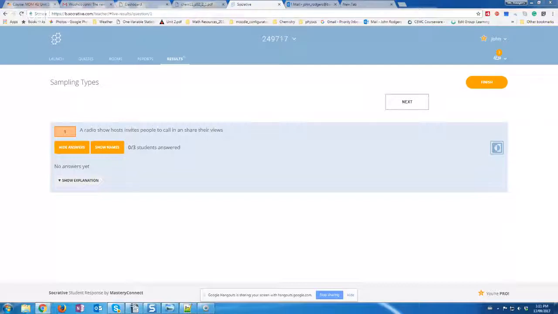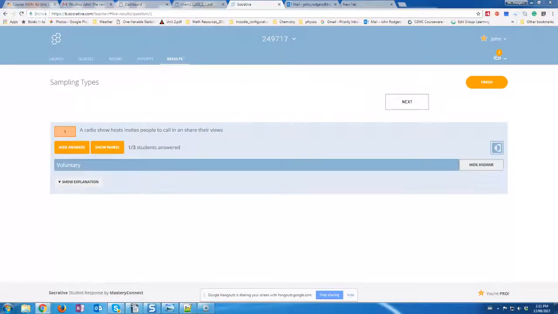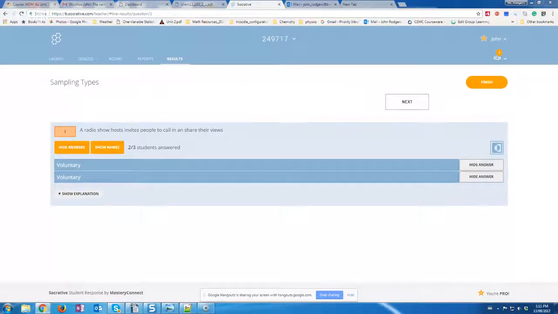People on the internet, hopefully you're seeing a question that says, a radio show host invites people to call in and share their views. The real question here is, what kind of sample do you think that is? Is it simple, convenient, systematic? Is it stratified? Is the radio host doing stratified sampling, cluster, voluntary, or multi-stage?